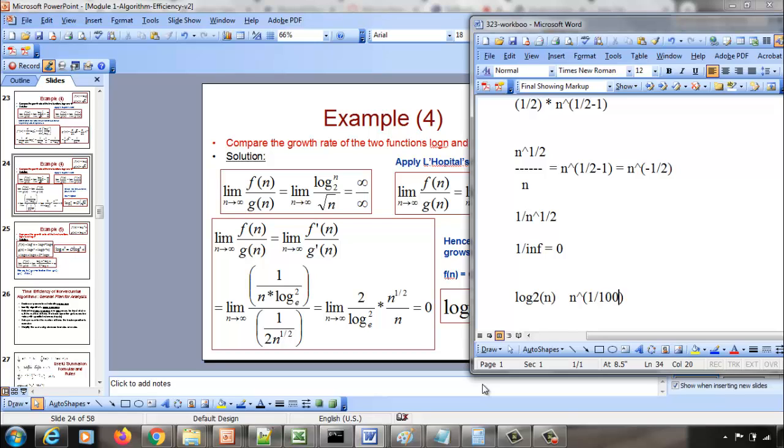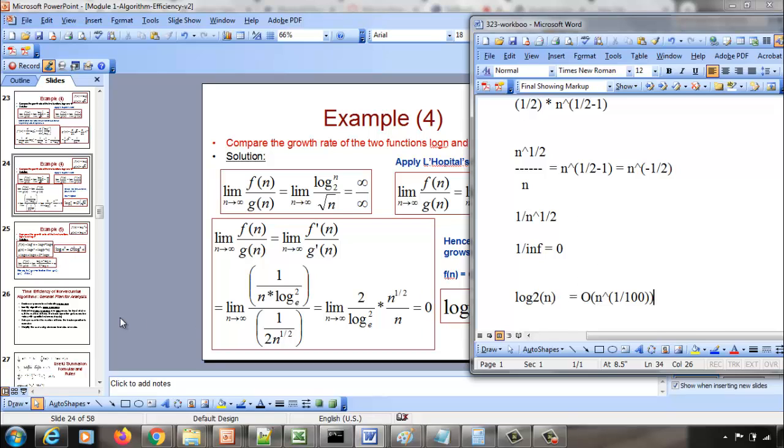So instead of 2, you could try n raised to 1 over 100. It looks like n raised to 1 over 100 is a very small slope function. Yes, but if you go through the same approach, you will see that log n is actually big O of this function. So log n grows even slower than n raised to anything like 1 over 100 or 1 over 1000, any such function.